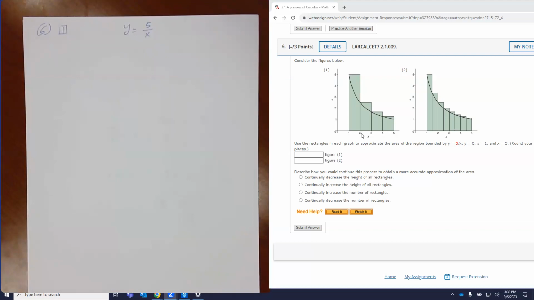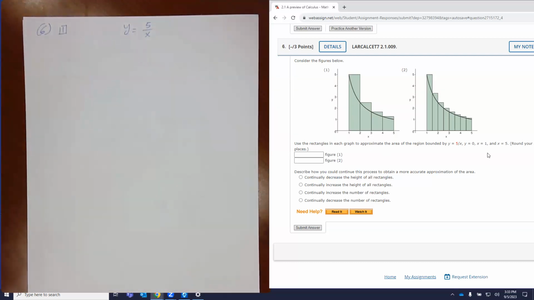So here is 1, here is 1, here is 1, and here is 1. But the change is going to be in the length. The length changes according to this function, y equals 5 over x. So I need to find the y for each rectangle at this point, this point, this point, and this point.